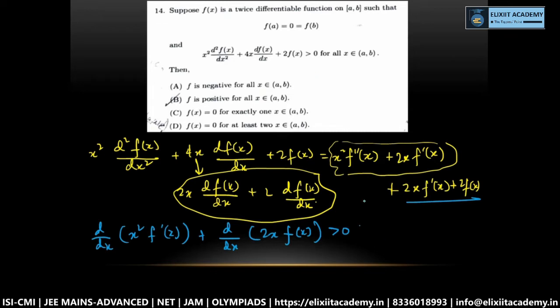That's what we can simplify, and this is given to be greater than 0. This is given already. So basically, we have done these types of simplifications, reducing into the form of a differentiation, quite a few times in the classes of differential calculus.